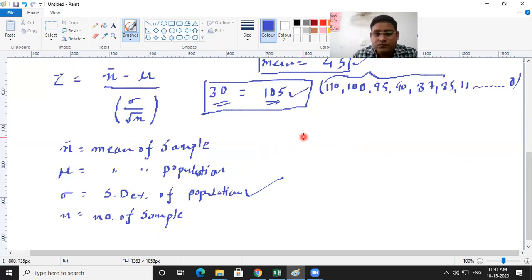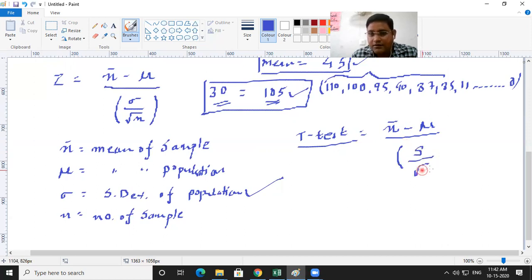So now what we'll do, we have an alternative, we have t-test. Now what is the formula of t-test? That is x bar minus mu divided by s divided by square root of n.